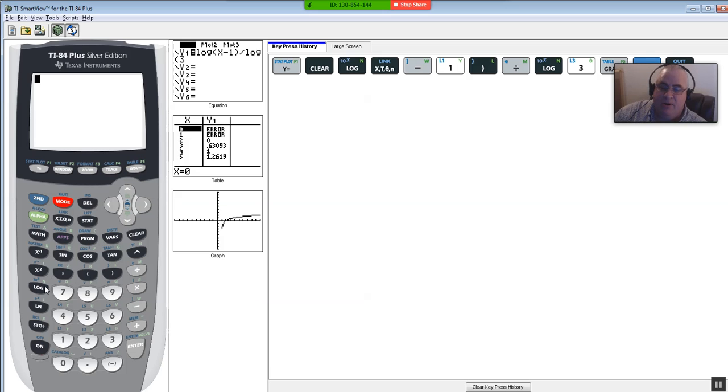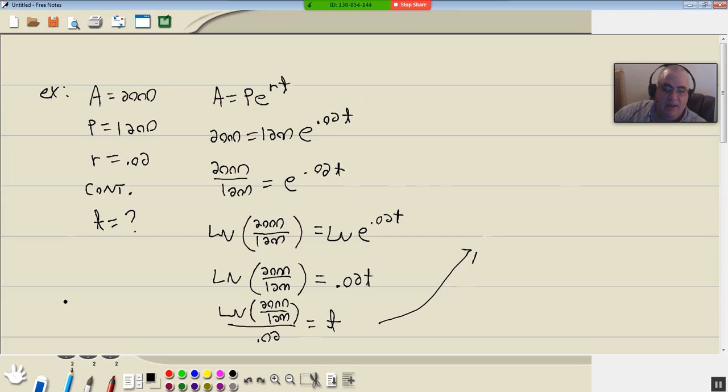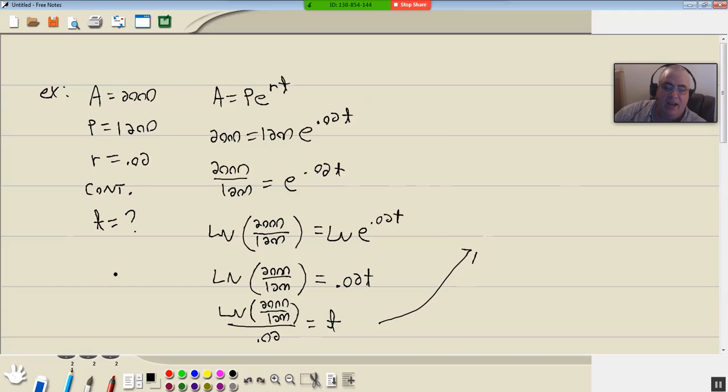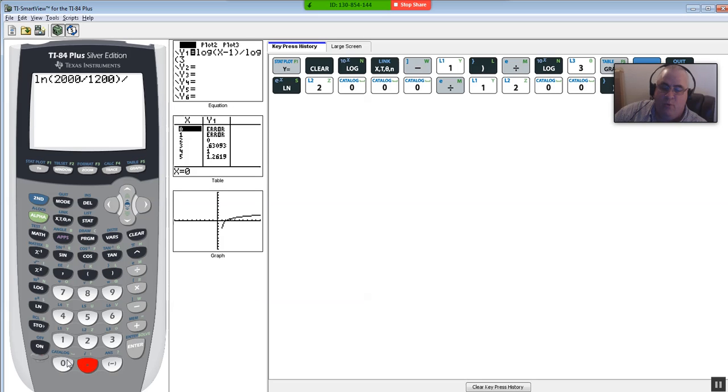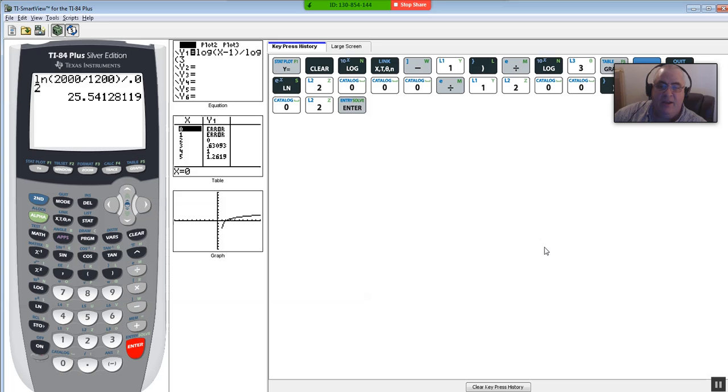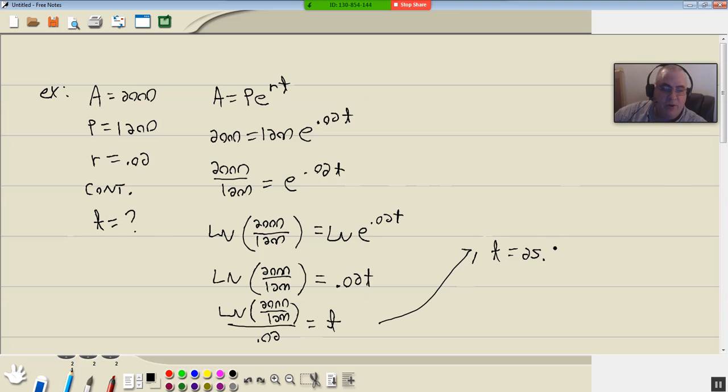I'll do second mode, natural log 2,000 divided by 1,200, close parentheses, divided by 0.02. And t would equal 25.54 to 2 decimal places.